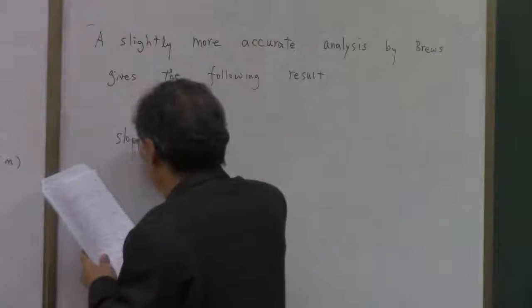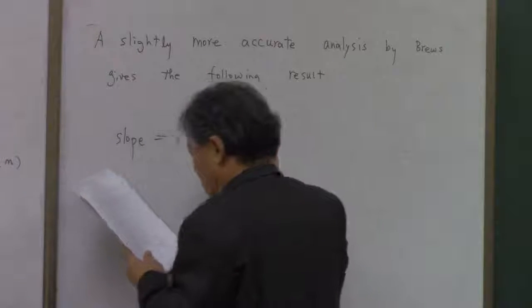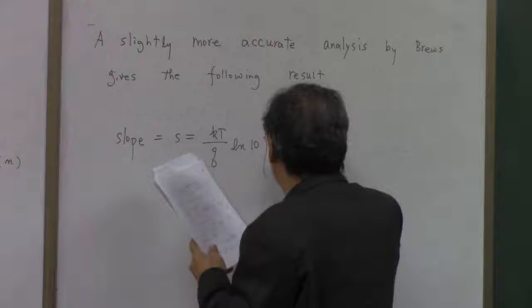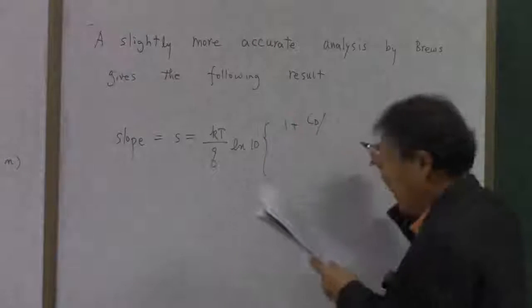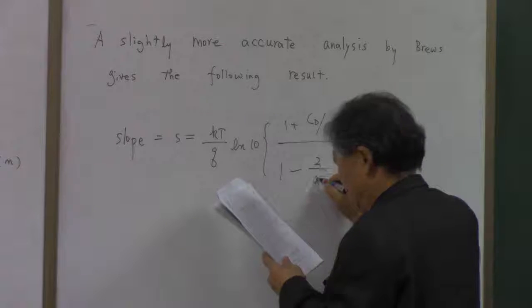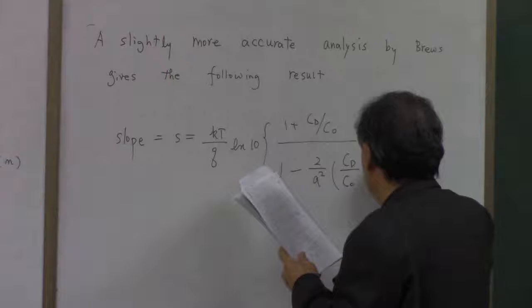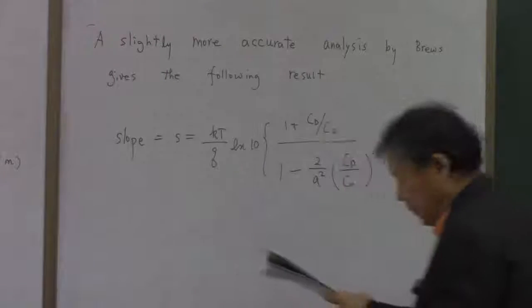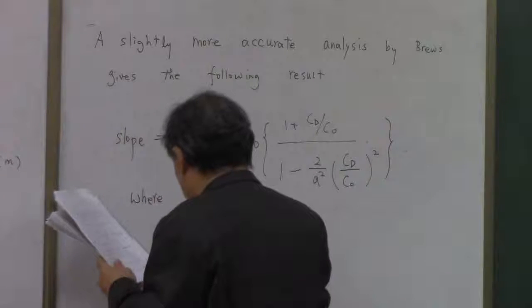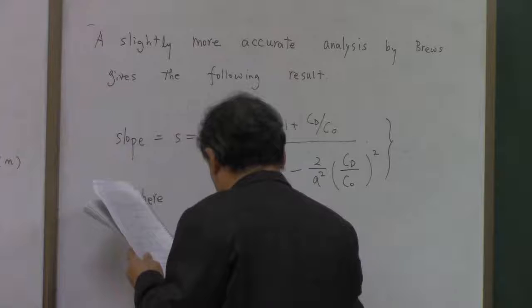The slope is kT over q, and the depletion layer capacitance, oxide capacitance, and 2 over A squared CD over C naught squared.